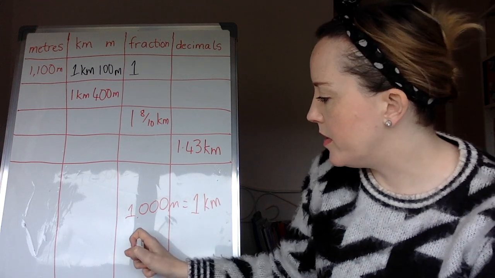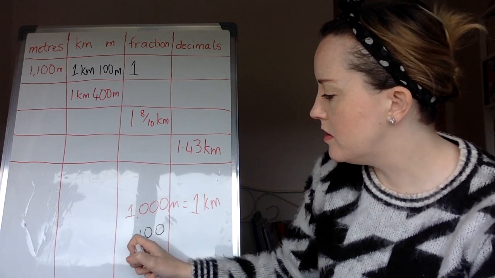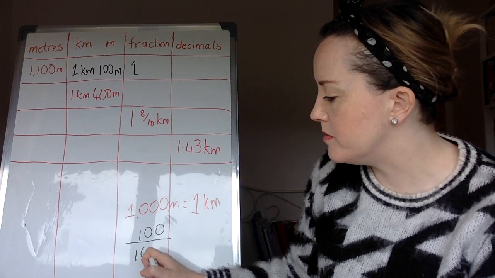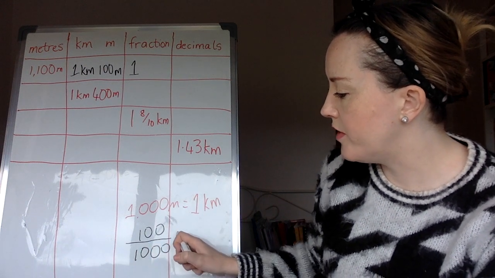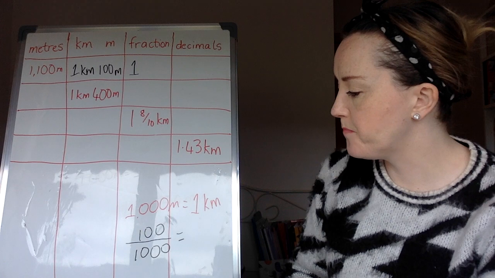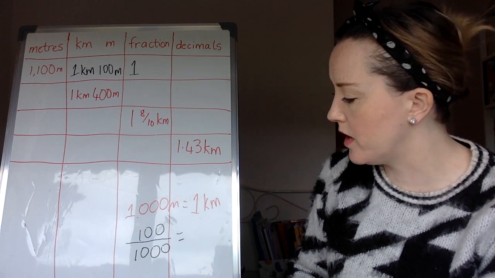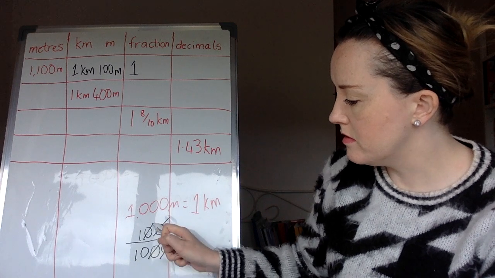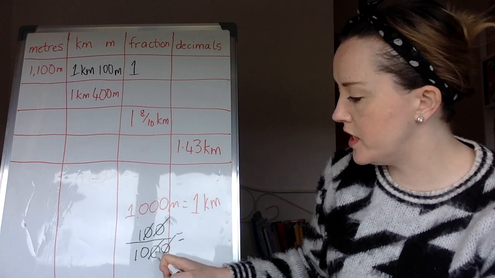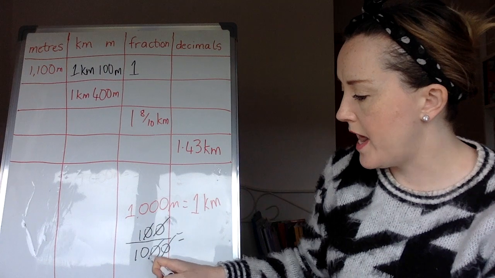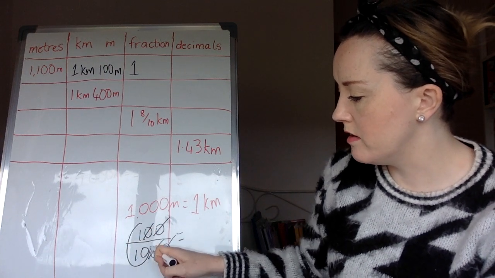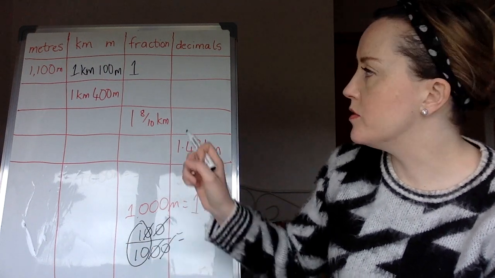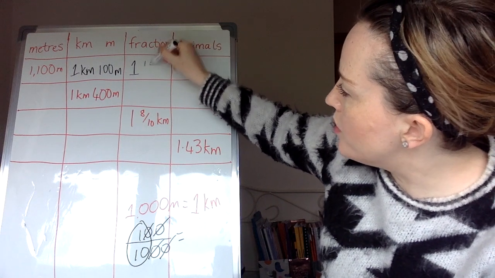I could put my 100 metres over my 1000 metres to get my fraction. Okay? If I'm going to use tenths, what can I do? So I crossed off my 2 zeros at the bottom and my 2 at the top, and I'm left with 1/10. Okay? So my answer is 1 and 1 over 10.